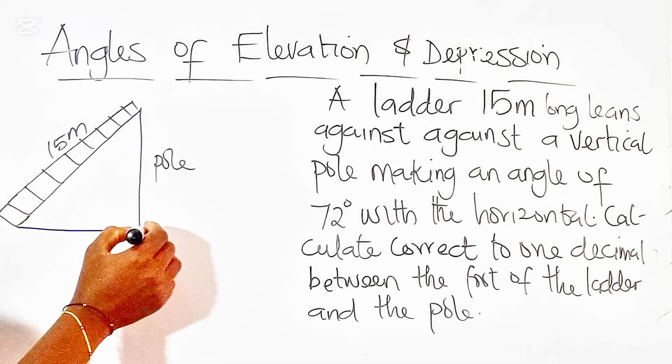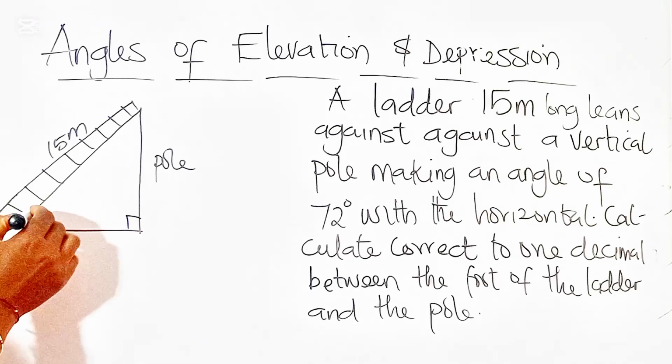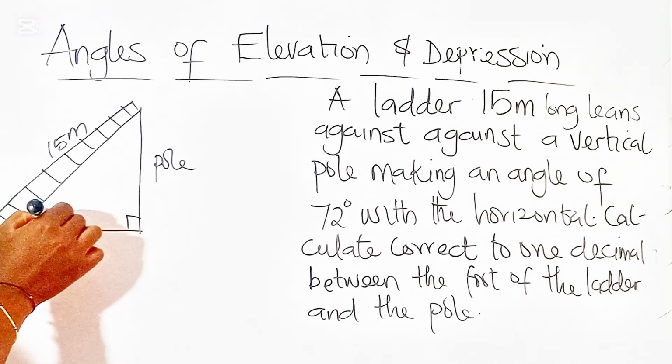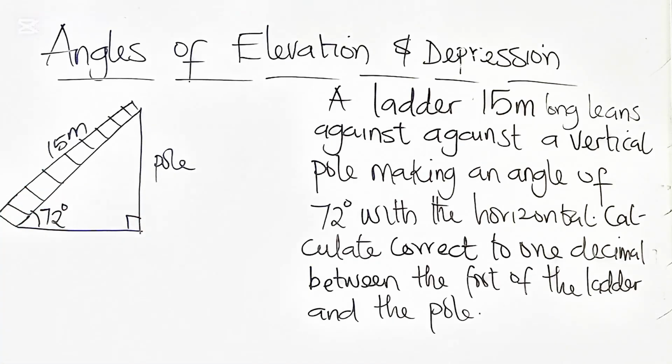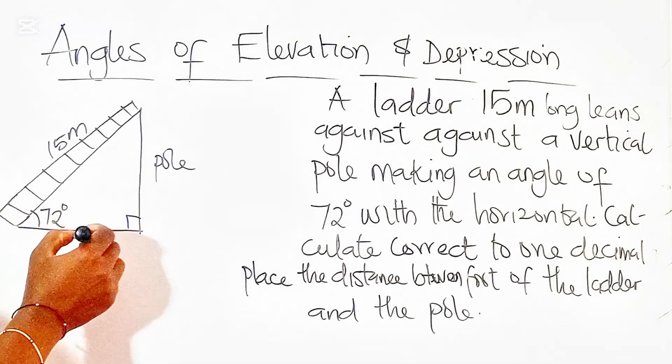So our angle can't be here. This is perpendicular to the horizontal. We have our angle here, which is the angle of elevation, 72 degrees. Calculate, correct to 1 decimal place, the distance between the foot of the ladder and the pole. So this is what we are to find.